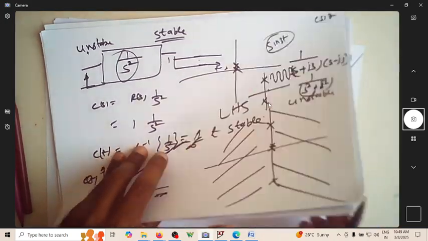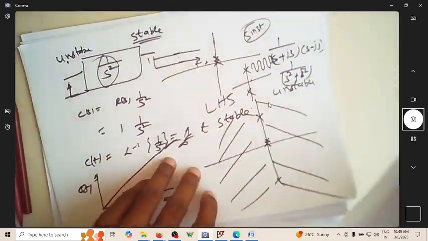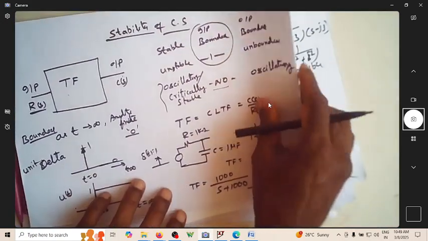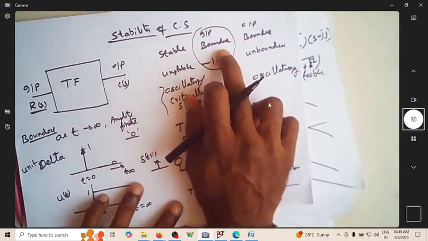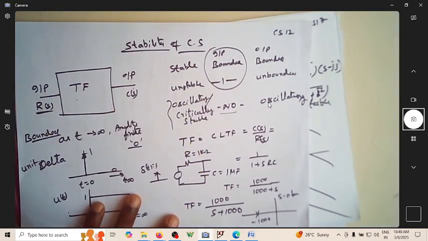We talked about 3 systems now: stable, unstable, and oscillatory. Now, shall we go back and see when a system is stable? A system is stable if all the poles are on the left hand side of the S-plane.